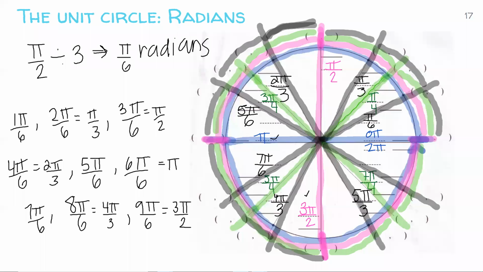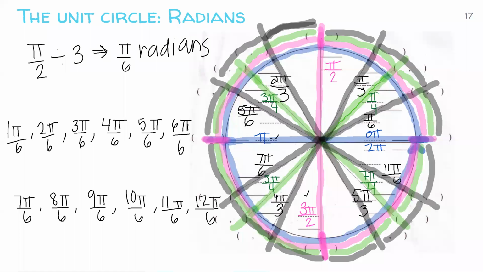That was 10 pi over 6. And then there's only one more pi over 6 to count, 11 pi over 6. That does not reduce, so our radian measure is 11 pi divided by 6. And to make things come full circle, we would have 12 pi over 6, which is 2 pi. So all of our radian measures have been filled in now.